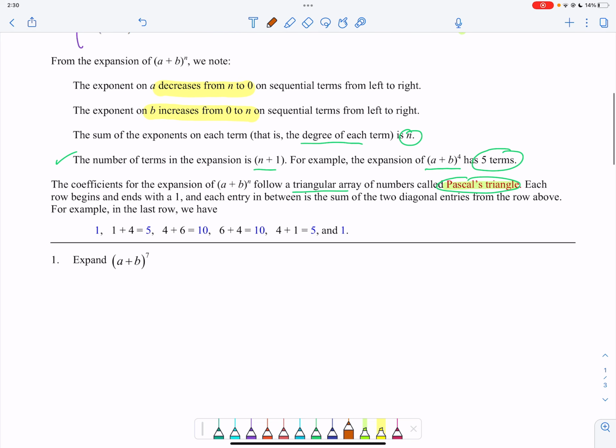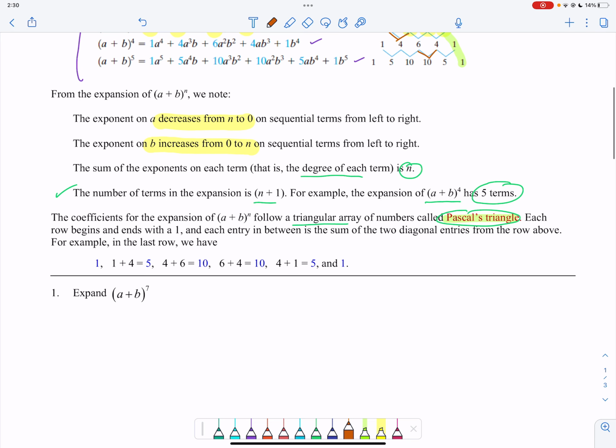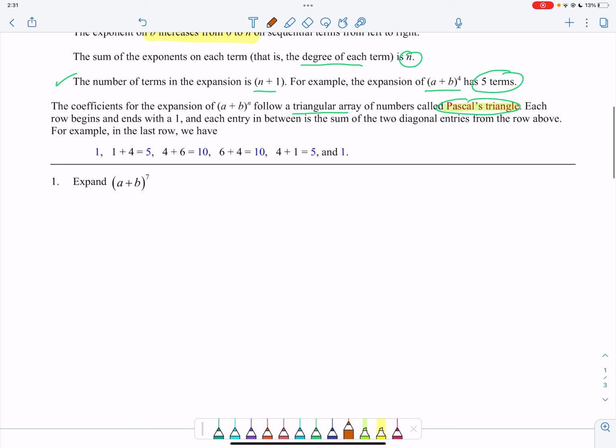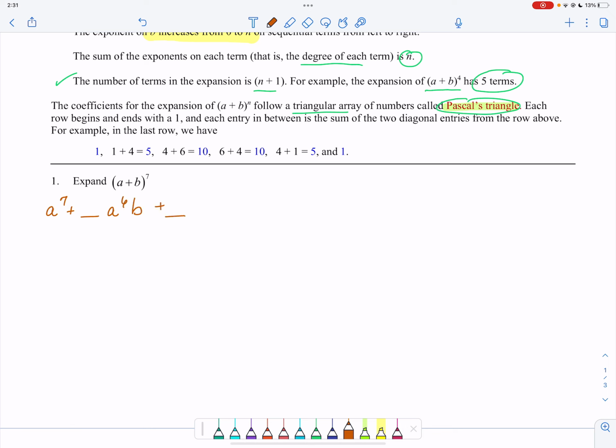So let's expand a plus b to the 7th power. So we already know that we will have an a to the 7th term. And let me write this below because this is going to be a little bit long. So we will have a to the 7th plus a coefficient times a to the 6th times b plus a coefficient. Now we're going to drop down a to the 5th and b squared. Again, here n is 7. So 5 plus 2 is 7. So you can see that these powers will add up to n.